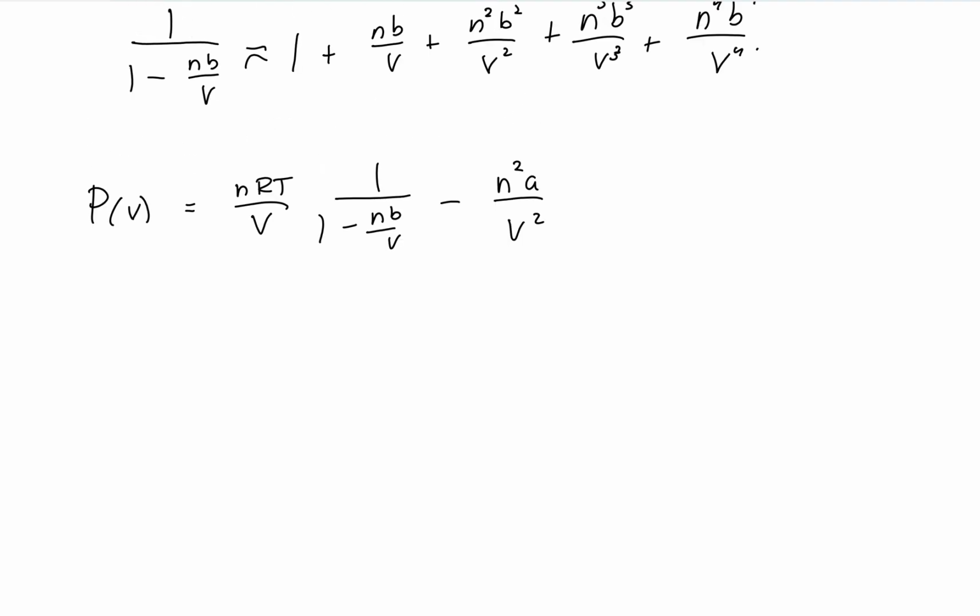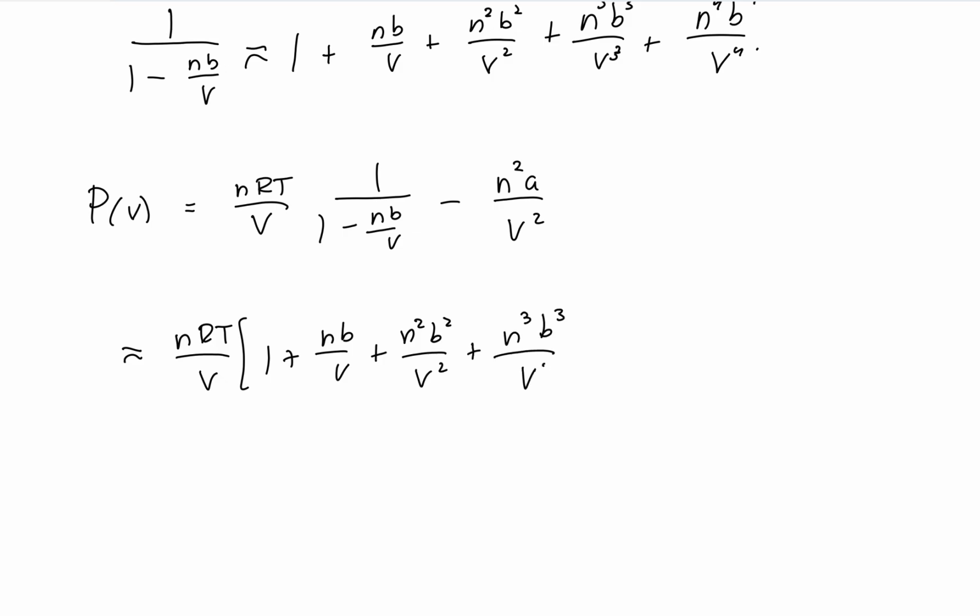And now we can put this approximation in. So this is now approximately nRT over V times 1 plus nb over V plus n squared b squared over V squared. And we only wound up to V cubed, but we'll go ahead and keep the other terms here, even though we have more terms than what we need. Sometimes you're not sure how cancellation is going to happen, so you go a little bit higher than what you're asking for, and then you can always drop terms off if necessary.